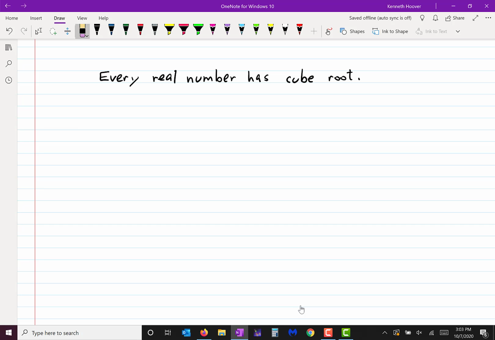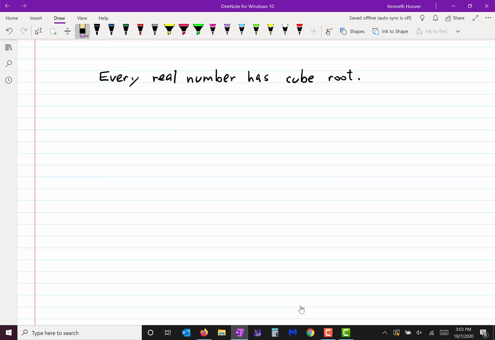What kind is it? Well, it's certainly a universally quantified statement, right? Because of the word every. That's saying for every real number x, x has a cubed root. Okay, but x has a cubed root is an existentially quantified statement.